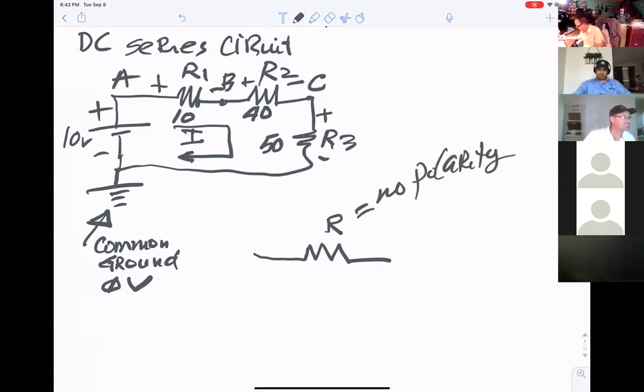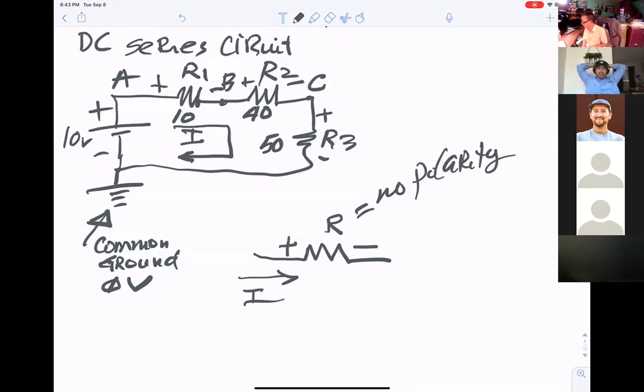However, when it's connected into the circuitry and you get a current, the side where the current comes in is positive and the side where it leaves is negative. You can say that's the difference.